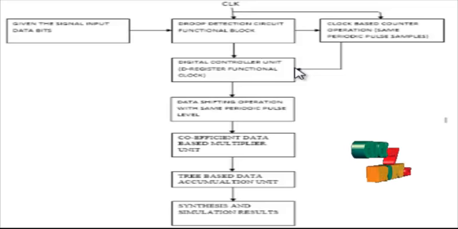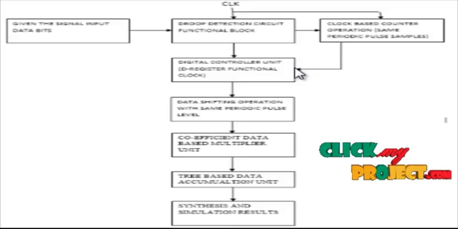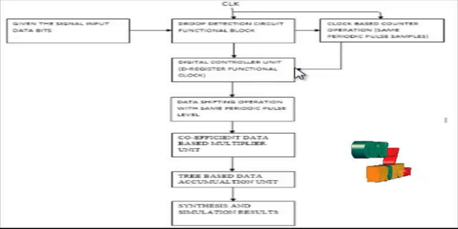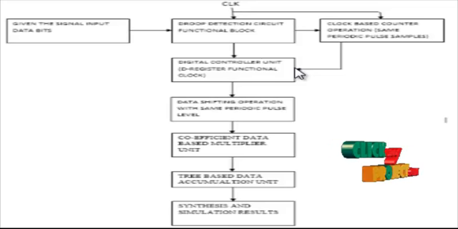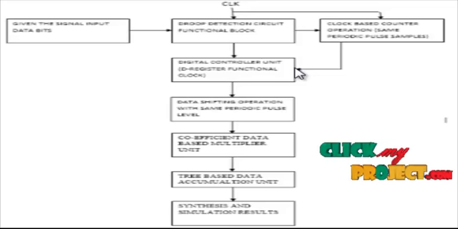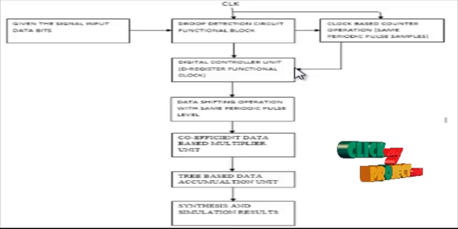The D register architecture is built in based on the enable signal for data passing for the overall FIR filter architecture. This data is passed from the D register functional clock pulse based architecture, then passes through the shifting operation with the same periodic pulse levels.